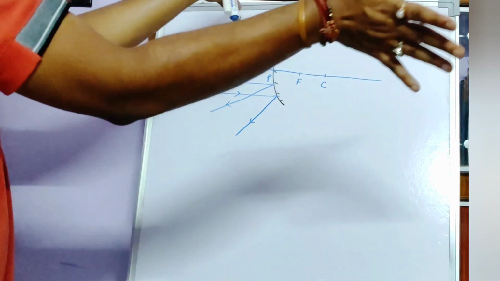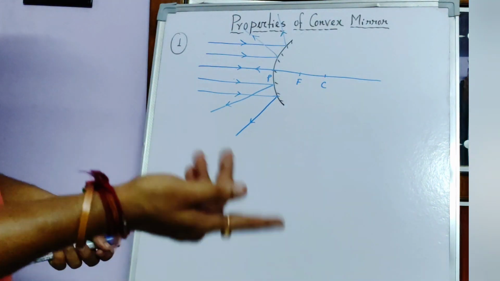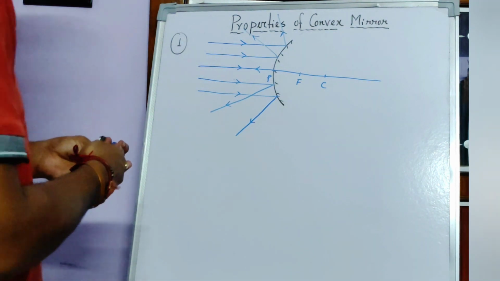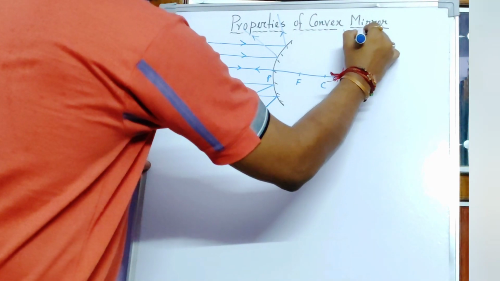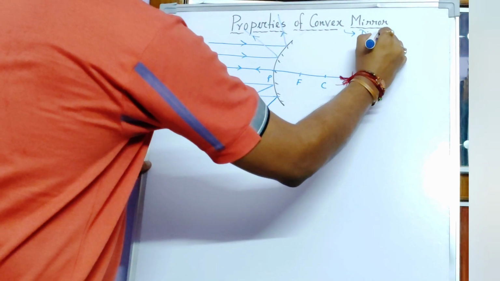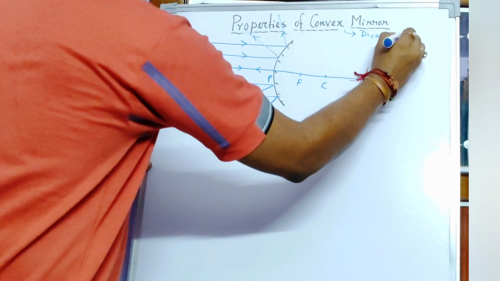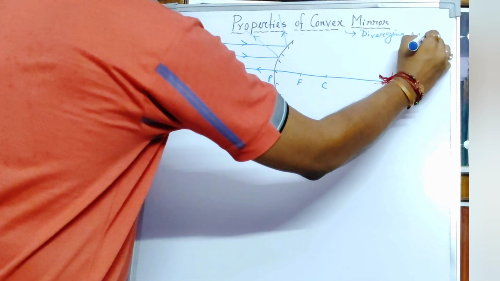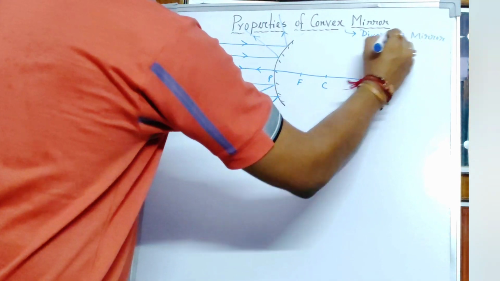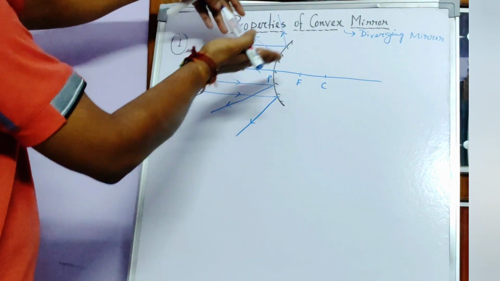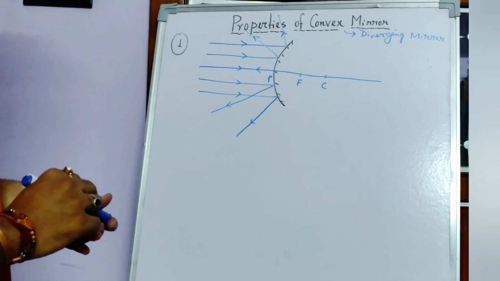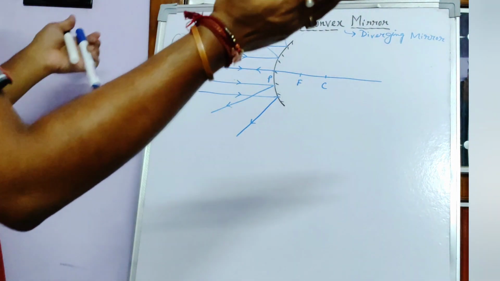Rays spreading away is also called diverge. That's why this convex mirror is also called a diverging mirror. Concave mirror is called a converging mirror and convex mirror is also called a diverging mirror because all the parallel rays after reflection they diverge. Diverge means spreading away.